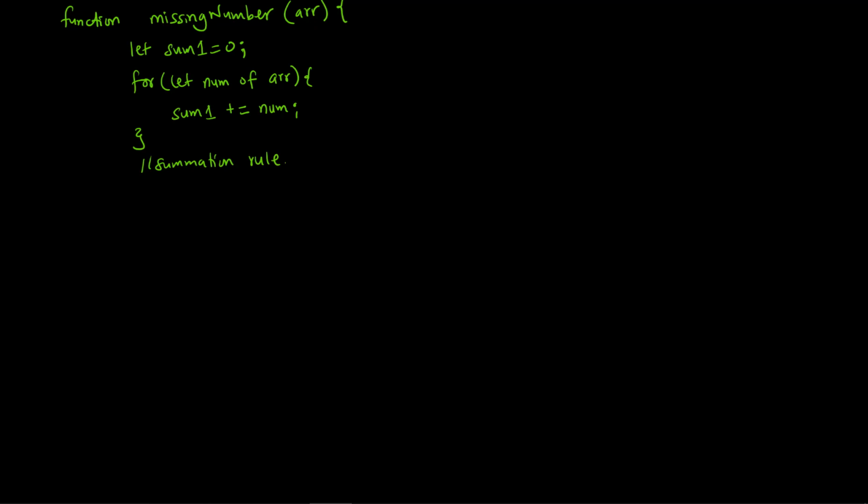So how do we know our n? Our n will be array.length, and I'll explain. I think I also explained earlier, but let me explain again, that if we have our numbers like the one we had, 3, 0, 1, but the original list was supposed to be 0, 1, 2, 3.